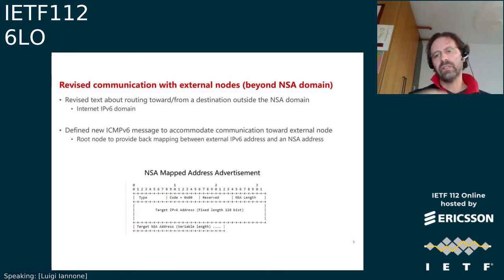So what we do is we send the first packet with a full IPv6 address. The root takes a decision and sends back a message, specifically an ICMPv6 message, in order to tell the node that for the next packets to be exchanged, you can use this short address. Okay, next.